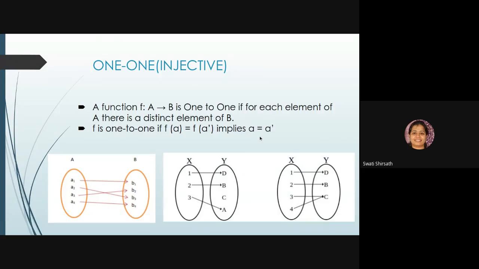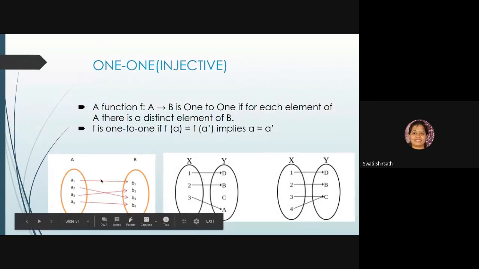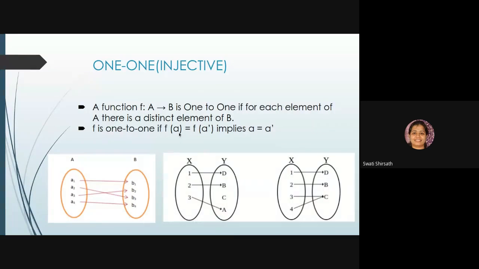Okay, in case this type of diagram is not given to you and an expression is given, like f of x is equal to 2x, then in that case you can write the value of f of a and equate it with the value of f of a dash, and solve that equation.